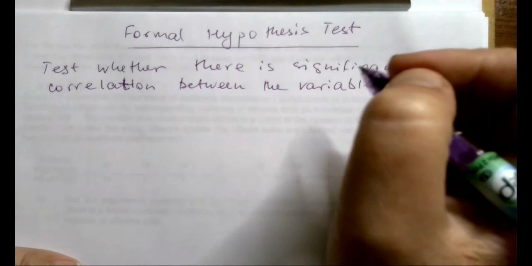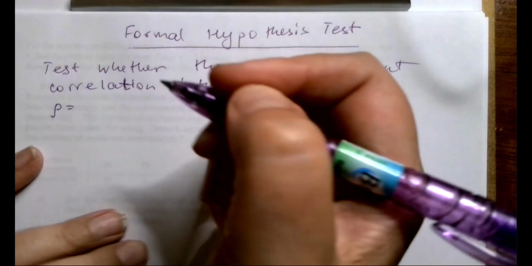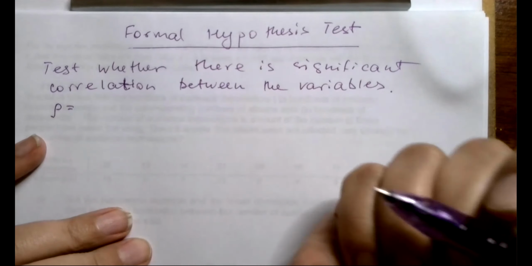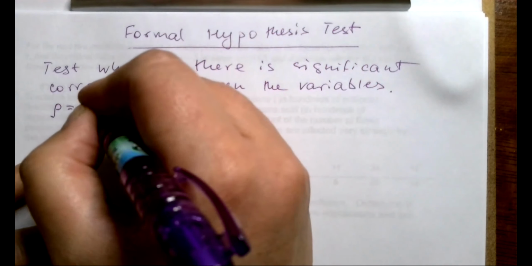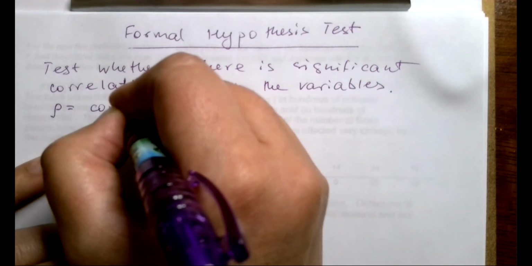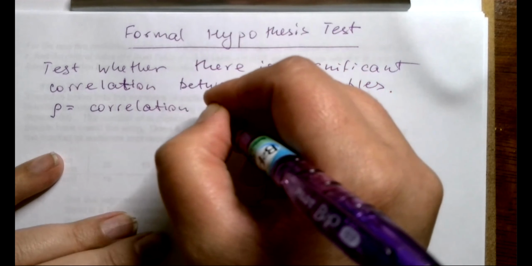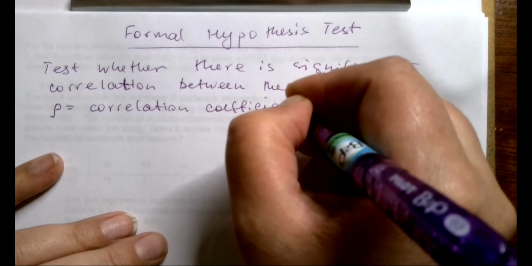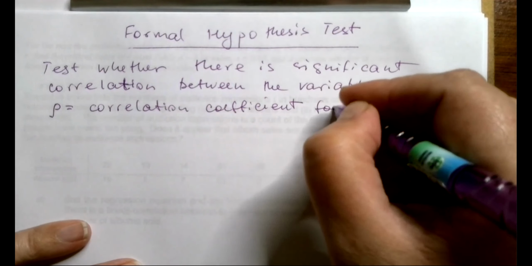We denote the population correlation coefficient with the Greek letter rho. This rho is the correlation coefficient for the population.